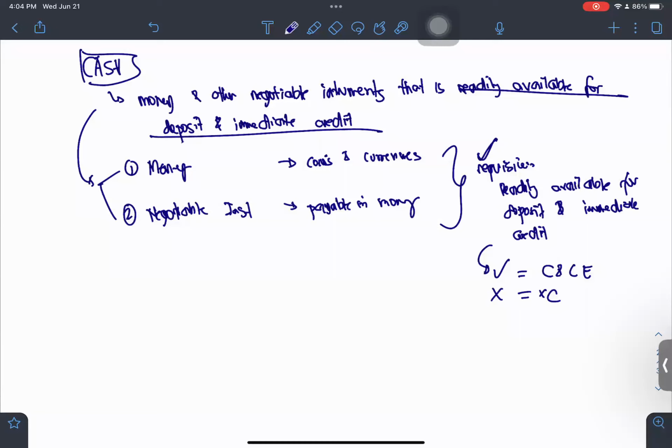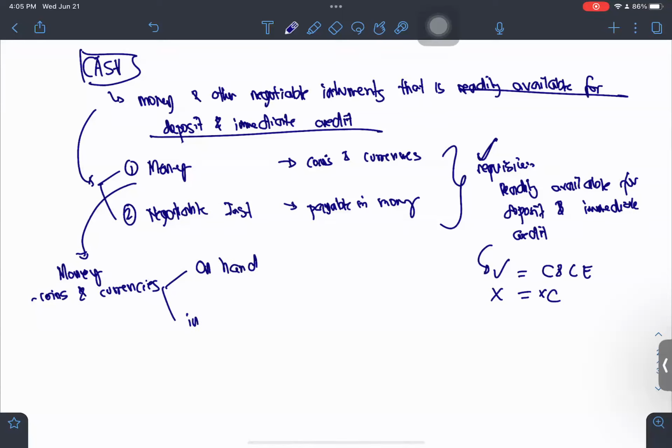Now, let's start first with your money. Whenever we talk about money, we said these are your coins and currencies. So generally, whenever you have coins and currencies, these can either be on hand or in bank. On hand or in bank.